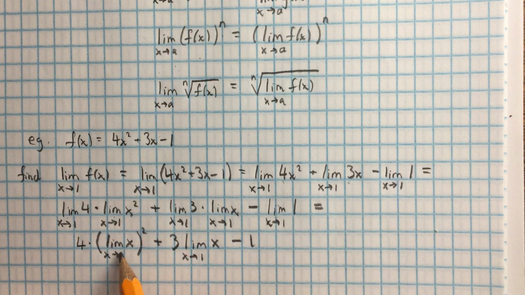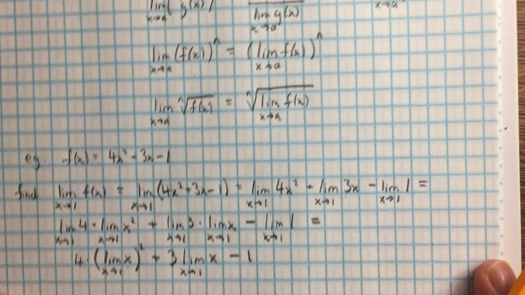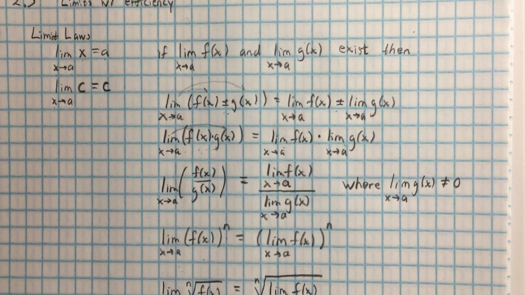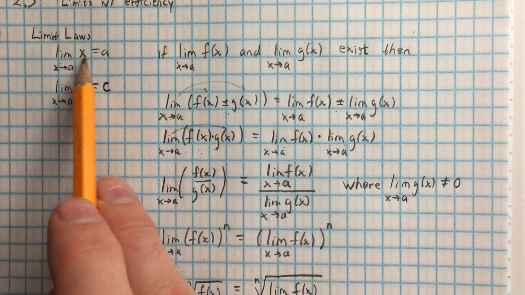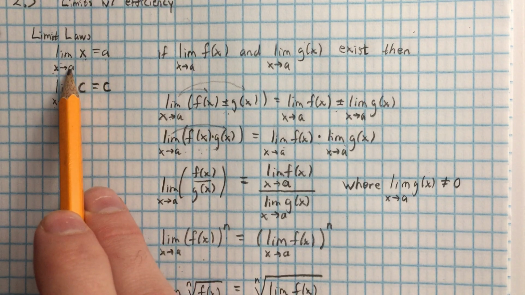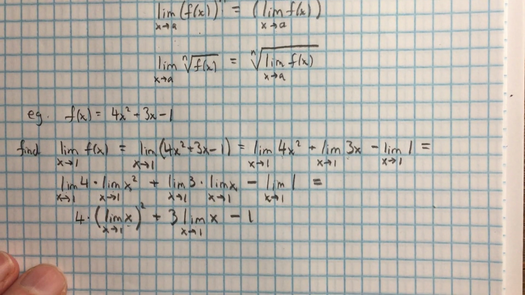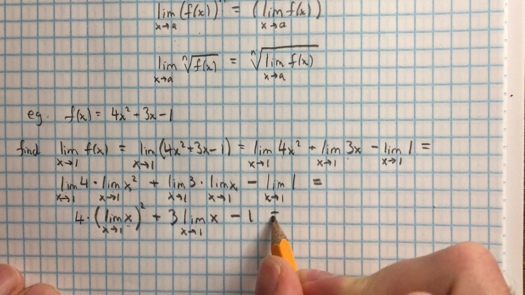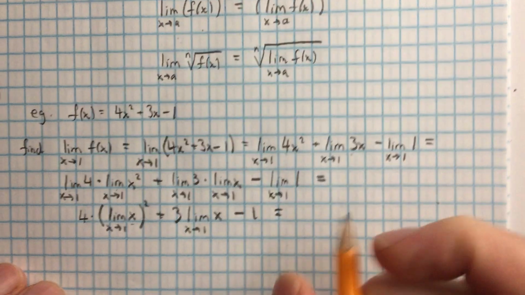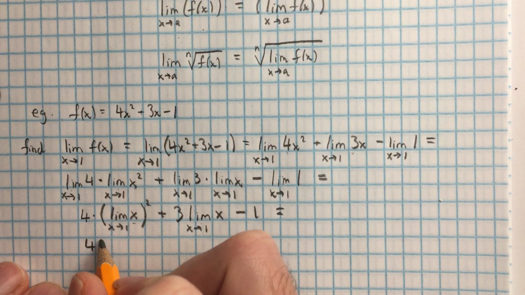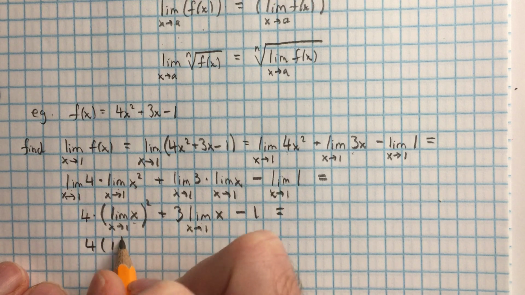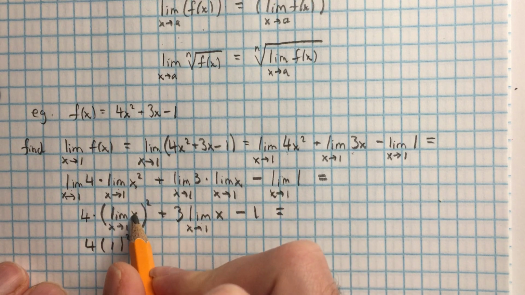So the only thing we have left now are these two limits, and they're both just the function x. And we mentioned back here, the limit of x as x approaches a, whatever a is going to be, is a, of course, because as x approaches a, x approaches a. What else is it going to be? So that's what we apply down here. And so we conclude we have 4 times 1 squared, because x is approaching 1.